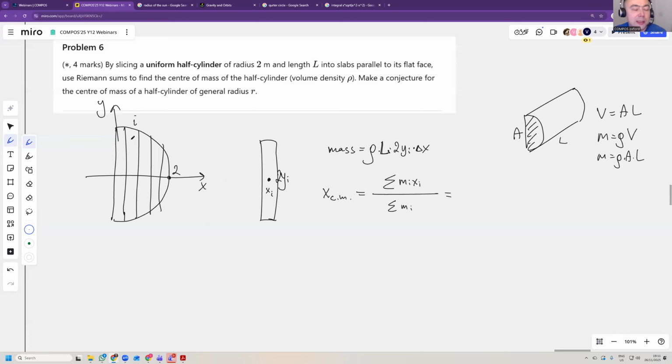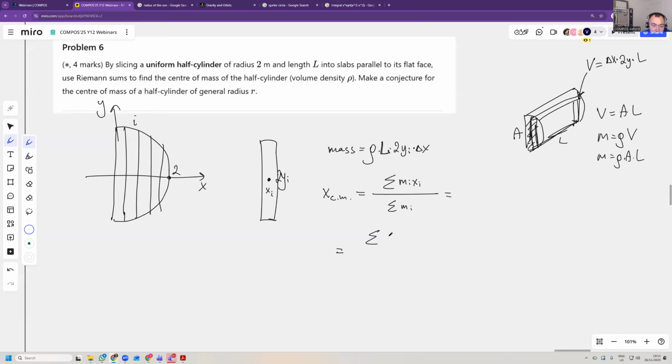I'm breaking down a semicircle into blocks. So one block is like this. We cut out a piece like this, right? And so the volume of that piece is delta x multiplied by 2y multiplied by L. So the mass is density times L times 2y times delta x. And so we substitute that in.